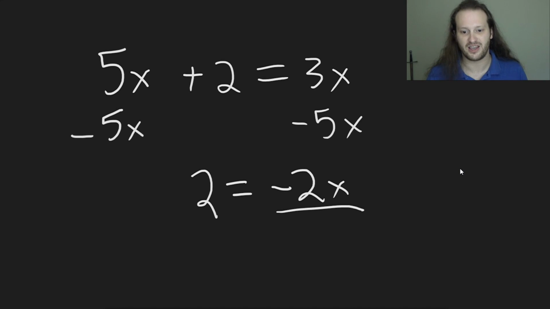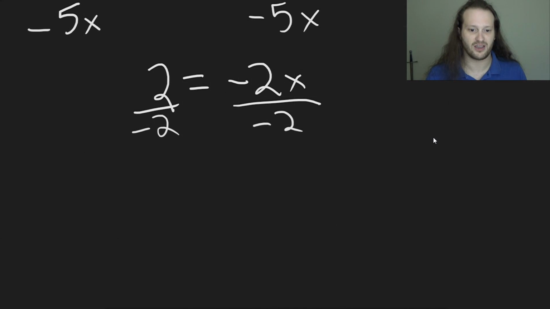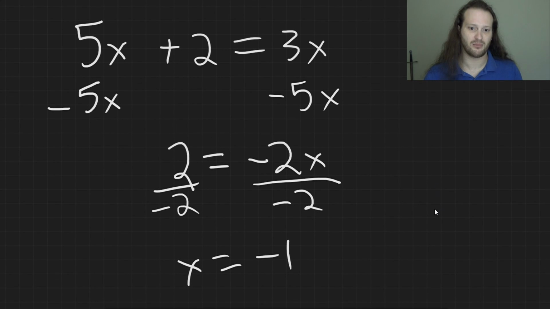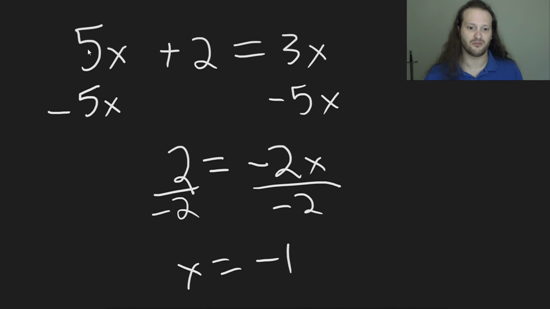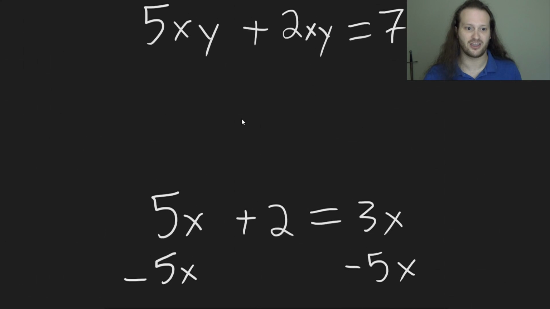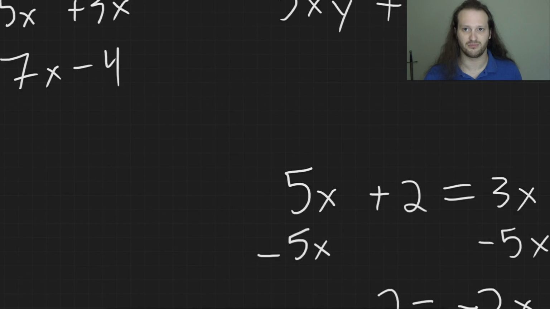Then we divide both sides by negative 2 to get the variable by itself. So we have x equals negative 1. Two-step problem with multiple variable terms. They're like terms, therefore we can combine them using our like terms thing.